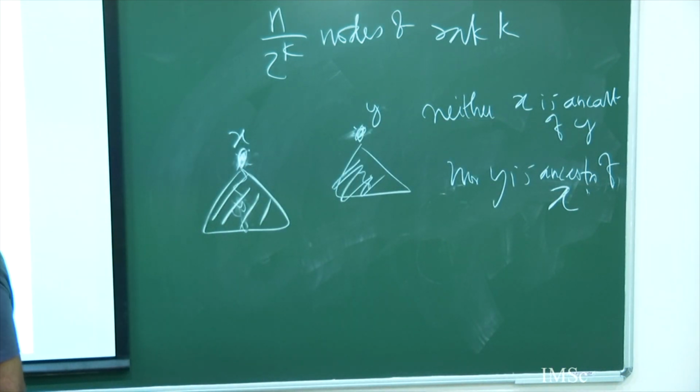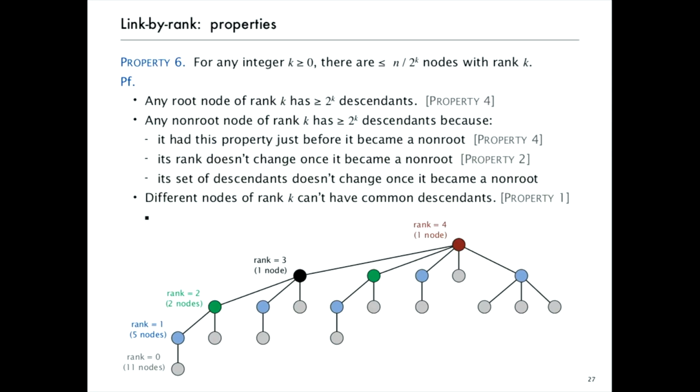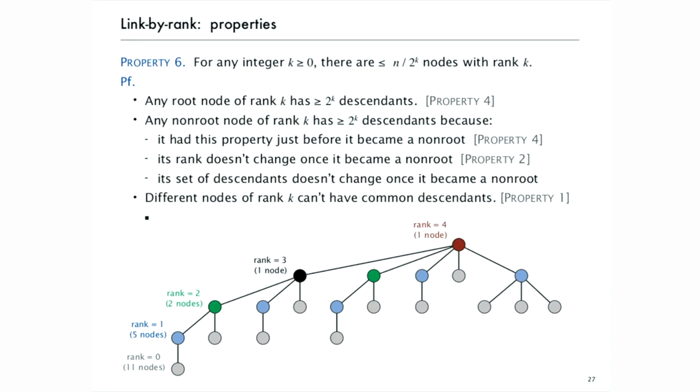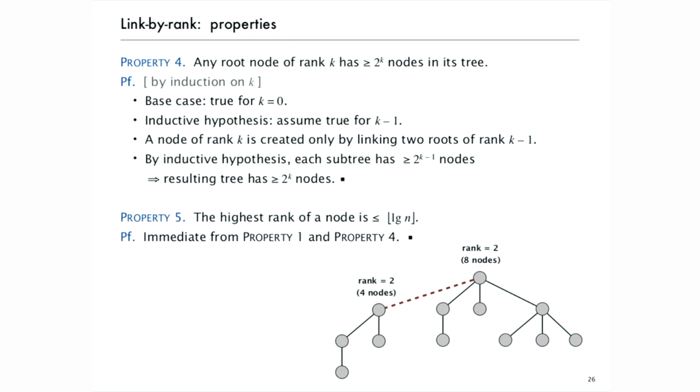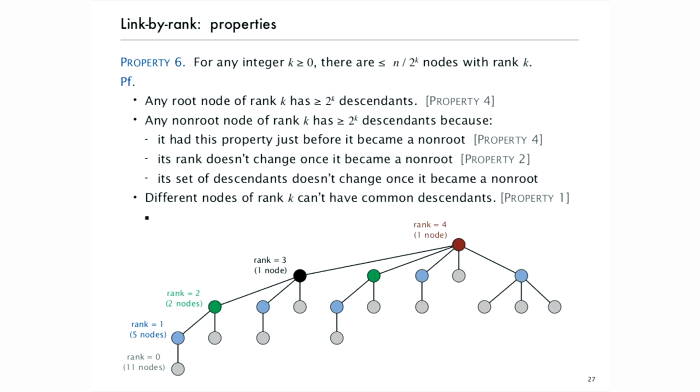So what did I say? Any root node of rank k has at least 2 power k descendants, by property 4.